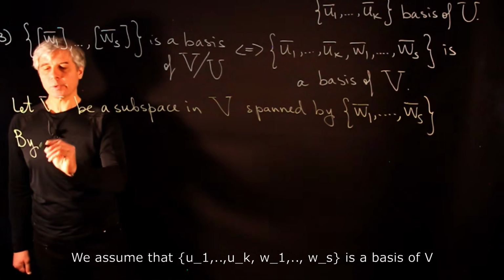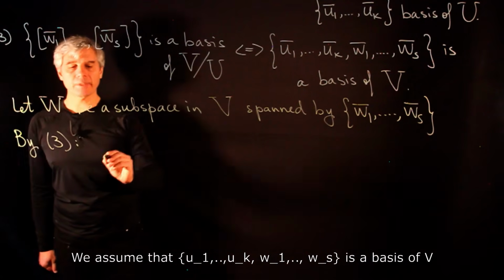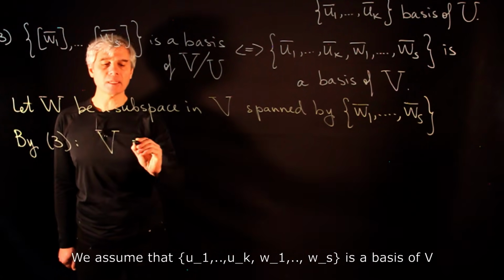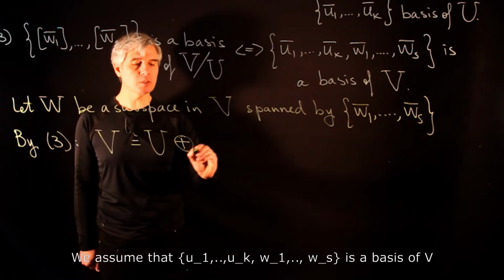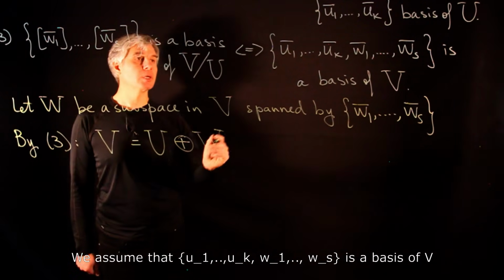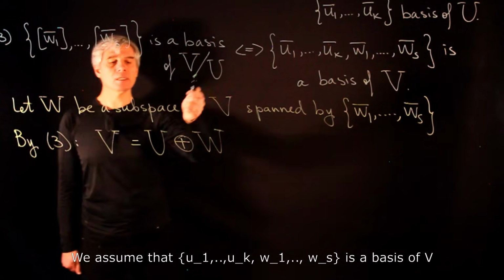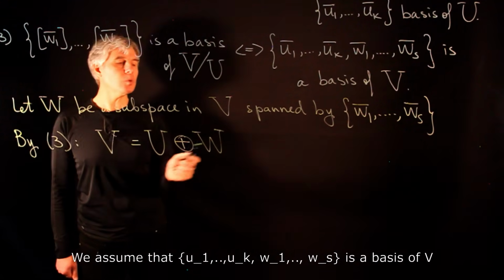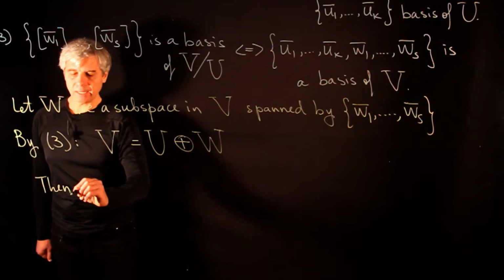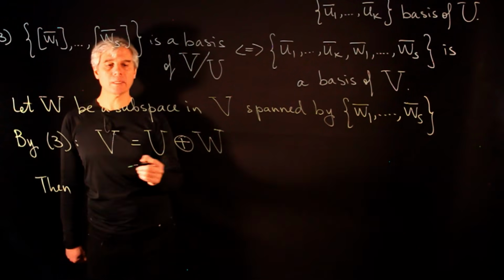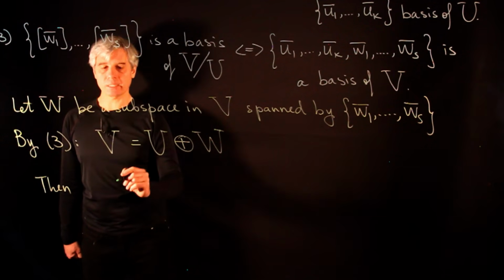By this property 3, we will have that the vector space V decomposes into the direct sum of subspaces U and W, because the basis of V is made up of a basis of U and the basis of W. So then we see that we have a one-to-one correspondence between the following spaces.